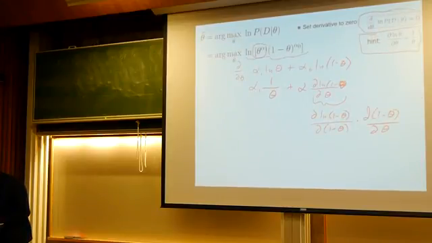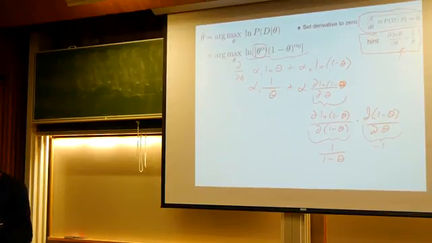And so now it becomes easy because this derivative is just minus 1, right? And this derivative is 1 over 1 minus theta by this same rule up here. If I substitute up here 1 minus theta for theta, then I get that.